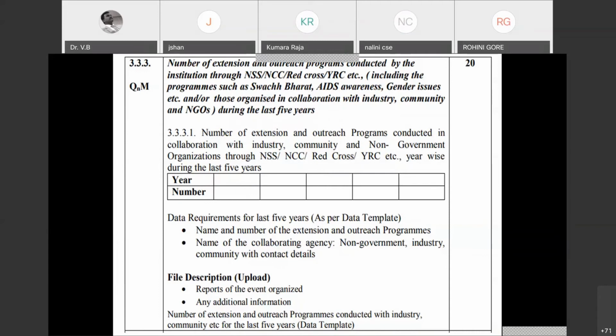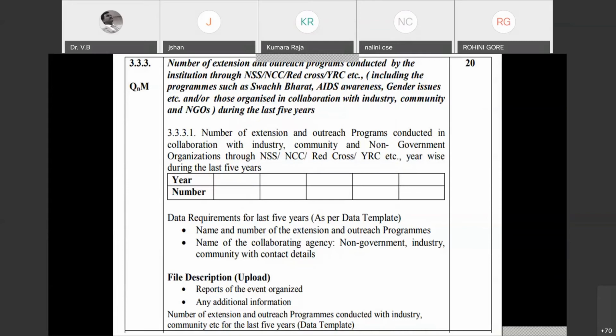So be specific about what is the activity carried out, and since it is a quantitative metric, you need to have supporting documents for this. Most of the time, it is a photograph at that particular period. For example, you had carried out a campus cleaning activity in some remote village.